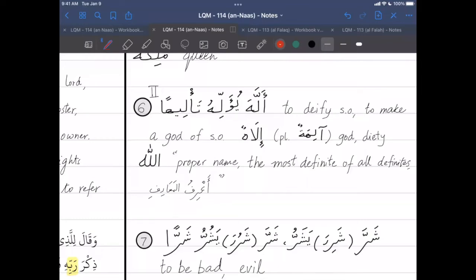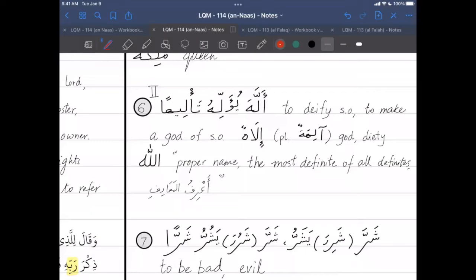One of the dictionaries actually said it is a proper name, the most definite of all definites, a'riful ma'arif. Now, some scholars believe that this is a name derived from Allah yu'allihu, but others say no, it is a name as is. It's a proper name, and those who say it's a proper name say it is the most definite of all definites. A'riful ma'arif.